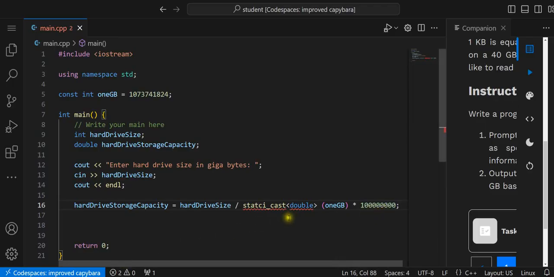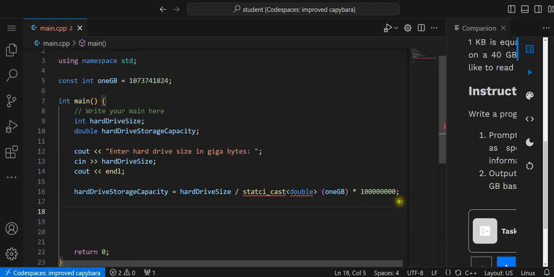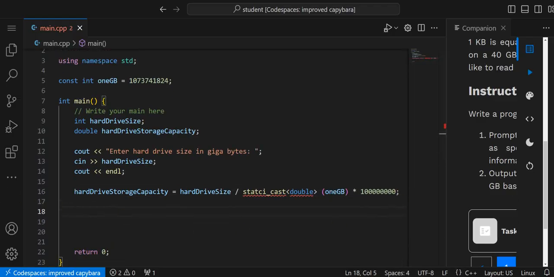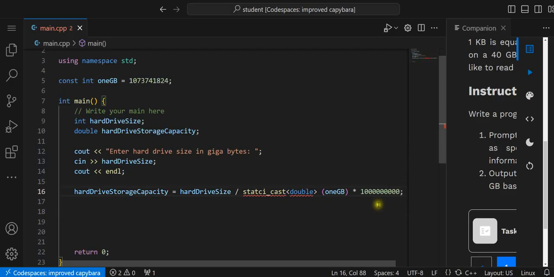Now let's go to our next to last line. Actually, let's add one more 0 to make this 9.